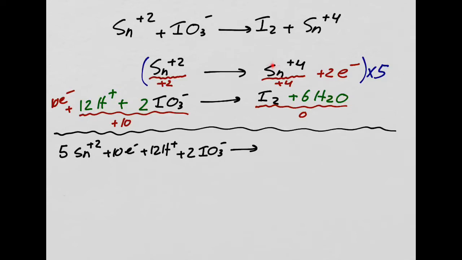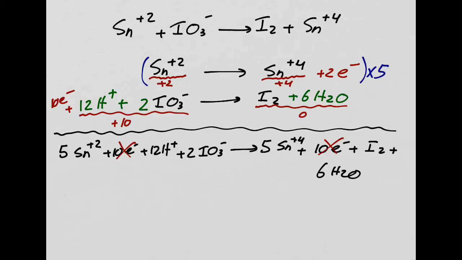On the product side, I have to multiply this out, so I would have 5 Sn plus 4, 10 electrons. I'm going to come down there. I have I2 and 6 H2O. Is there anything I can cancel out? Yes. Electrons match up and I can cancel them out. There's really nothing else. So life is good.